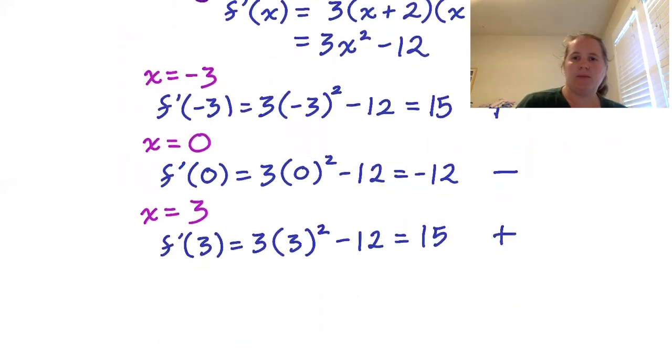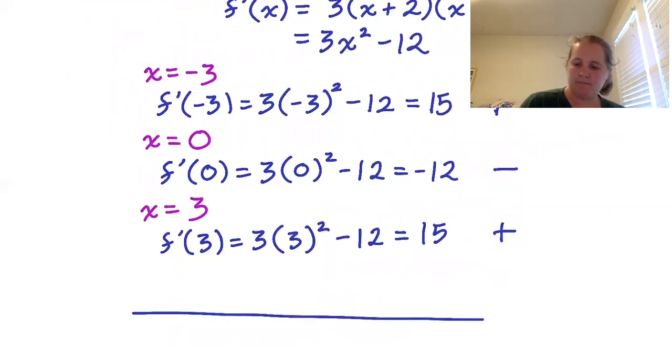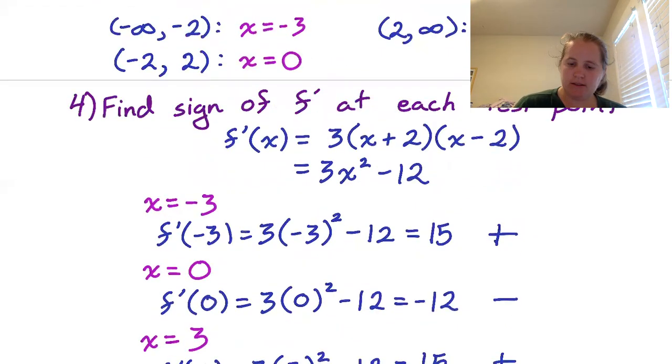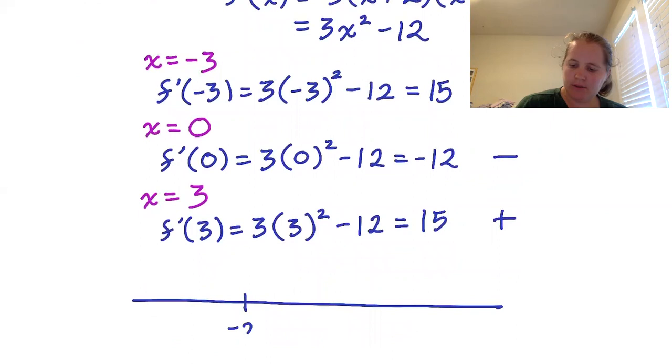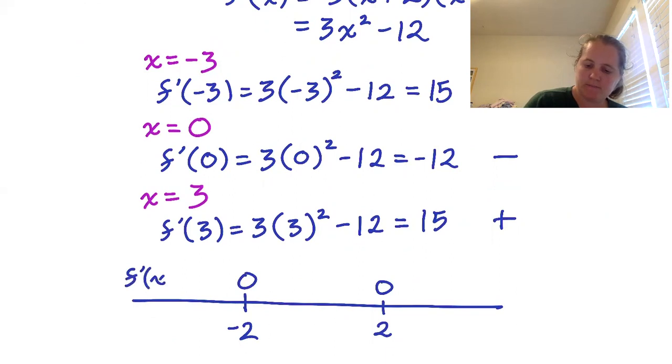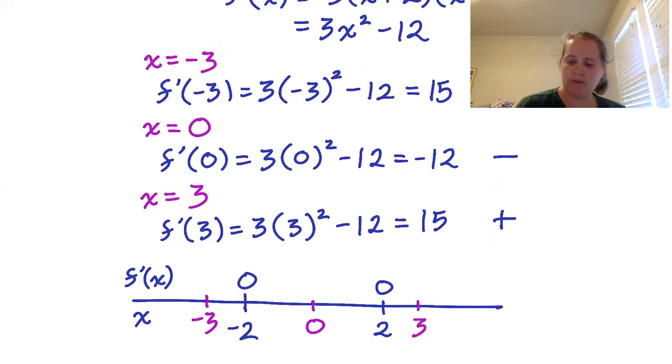So I would create my number line. We have negative 2, 2. These are both 0 for f prime of x. This is x. We had our test points at x equals negative 3, 0, and 3.